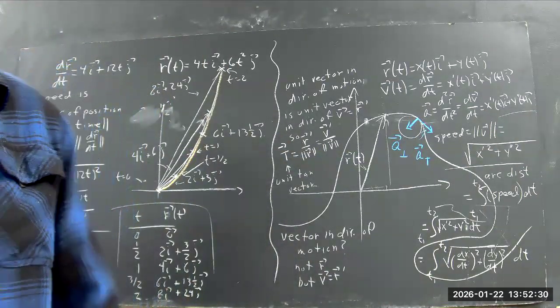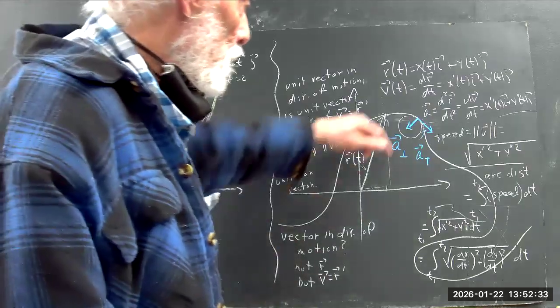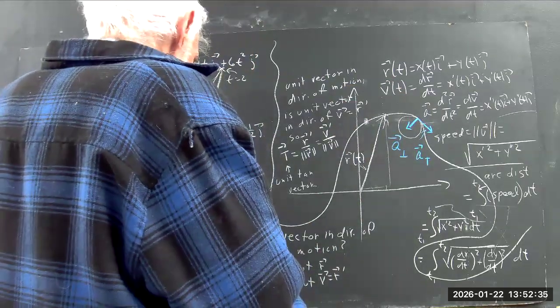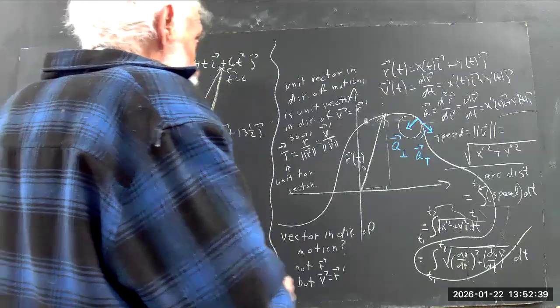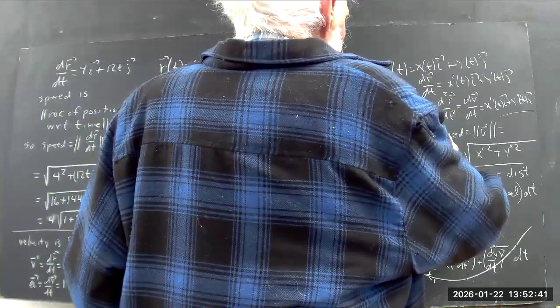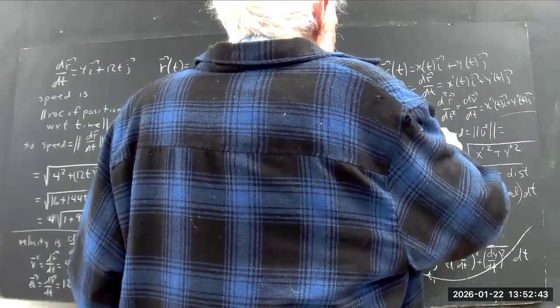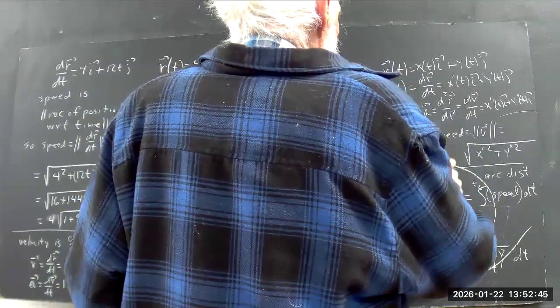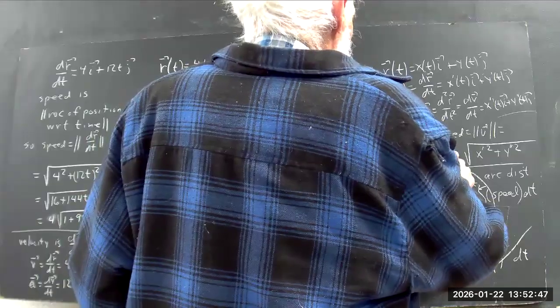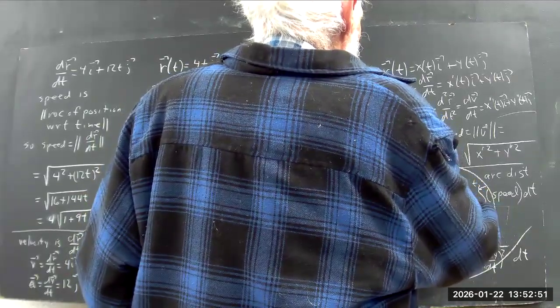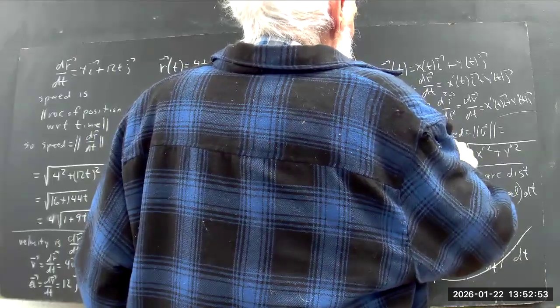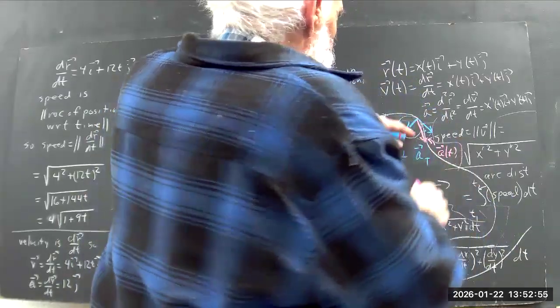Okay. The net acceleration is the vector sum of these two, which is just, these are perpendicular to each other. So here is good old A of t here.